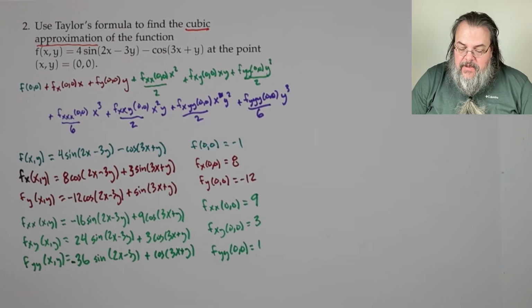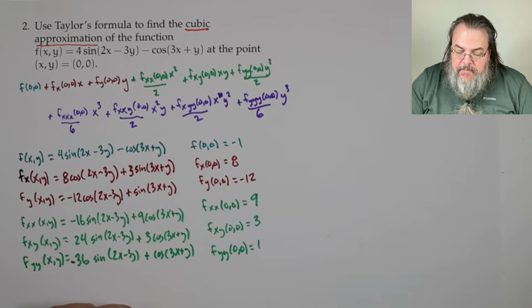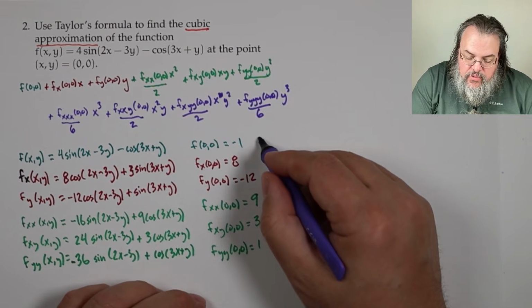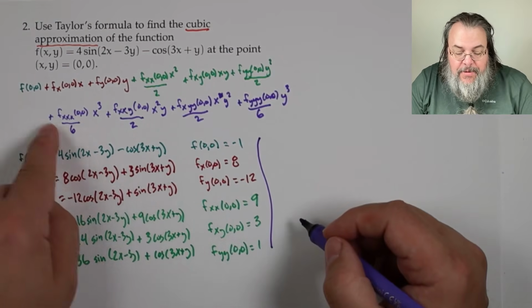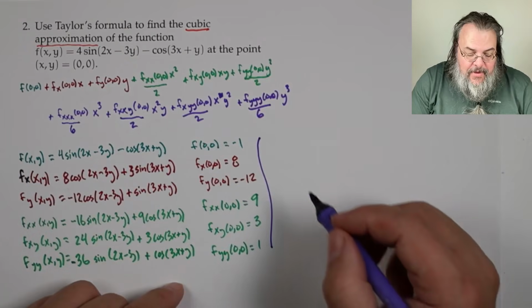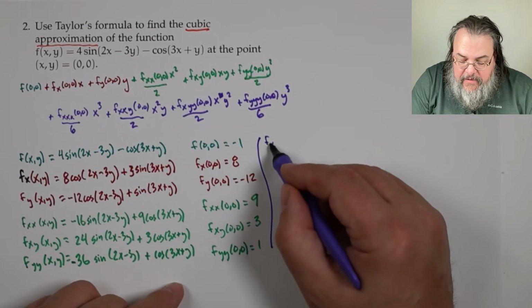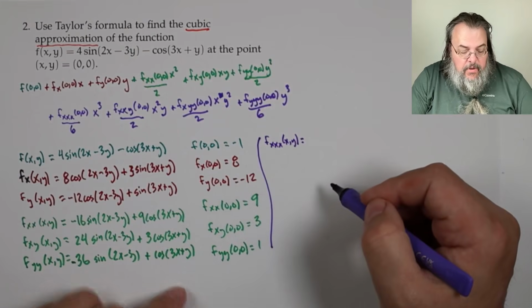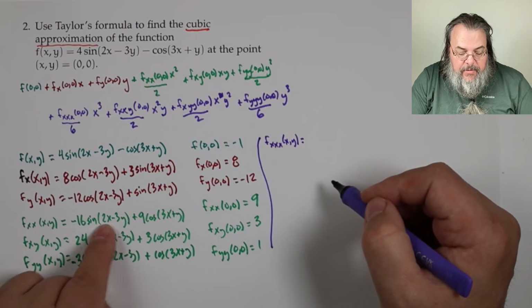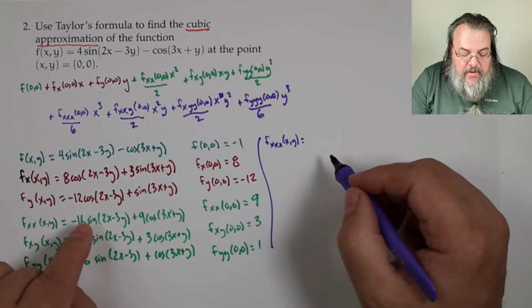All right. Well, let's keep going. All right, so now we're into these third derivatives. So we're looking for f_xxx. Well, come to f_xx, take the derivative with respect to x. Derivative of sine is cosine.